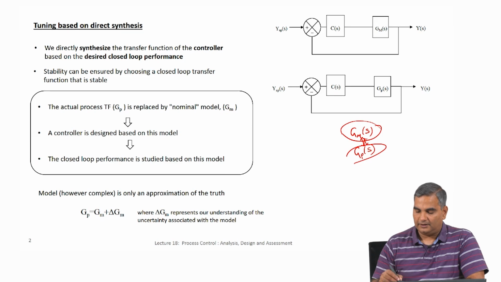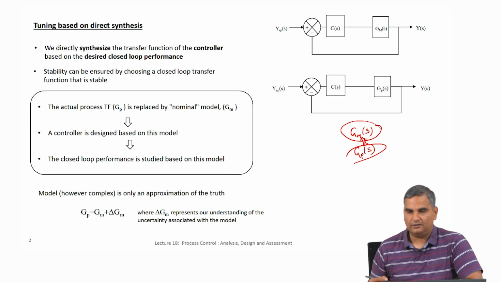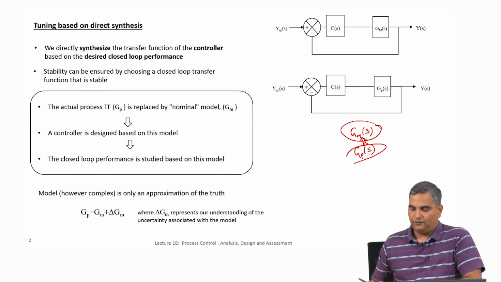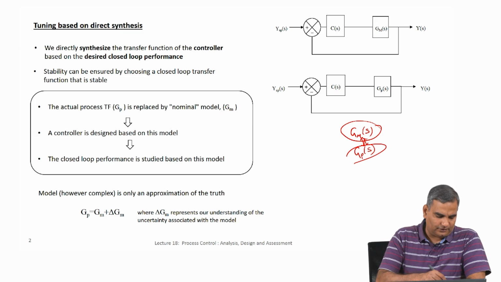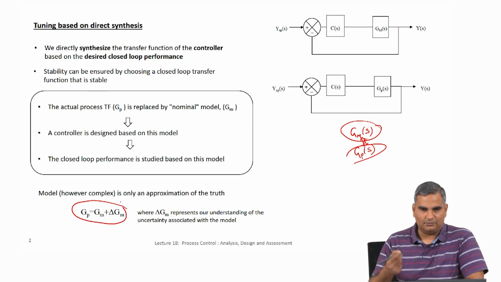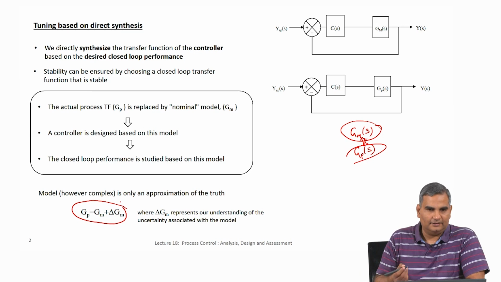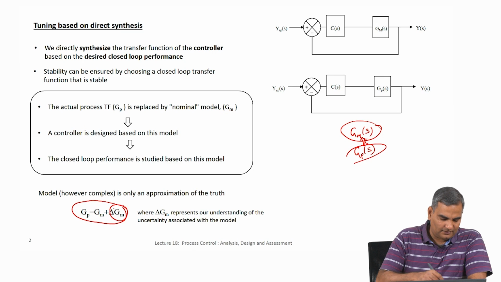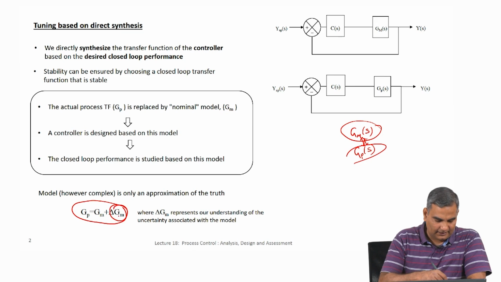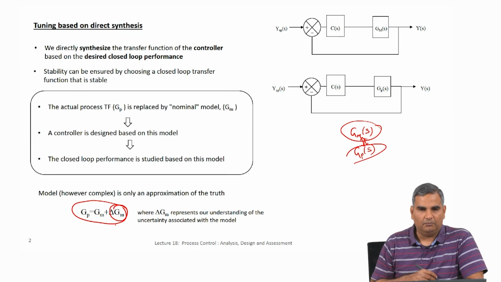So, you might think of the model transfer function, which is supposed to be a faithful representation of the process, as GM plus delta GM in a very simple conceptual idea: there is a model that I have, and anything left over between the model and the process, let me call that delta GM. This is in some sense the uncertainty associated with our modeling.